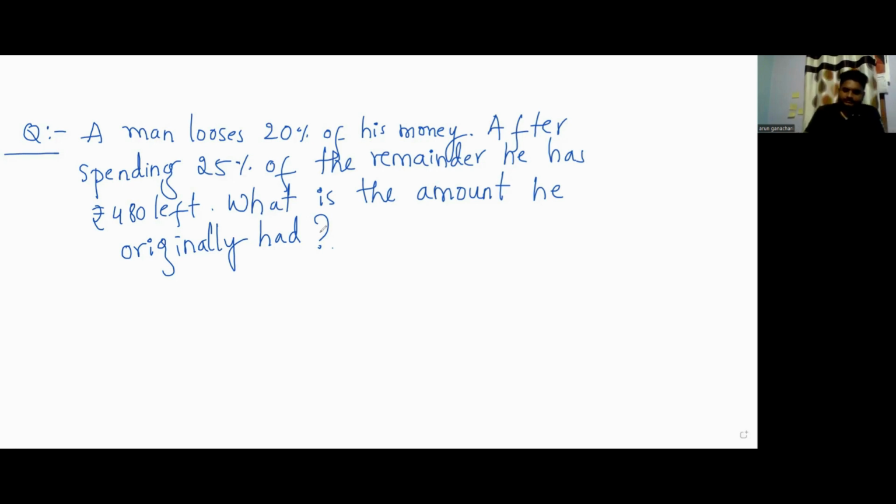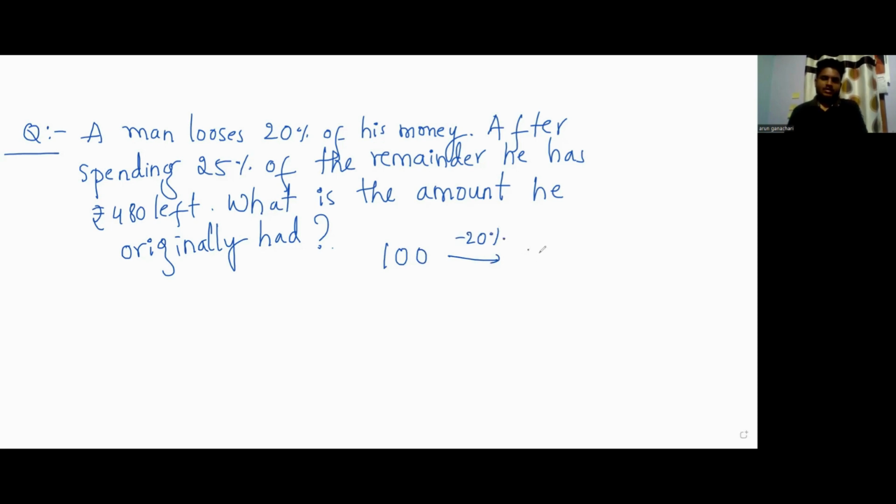How much are you getting? It's a little complicated, sir. Yeah. I think you can solve it. If you are in the percentage chapter, if you are stuck, start with 100. Assume the original money was 100. So in that, if he loses 20%, what is left? 80.